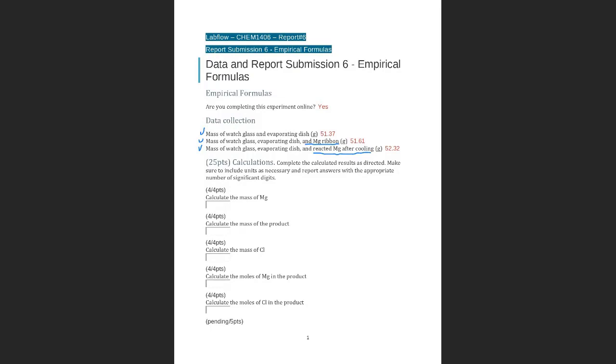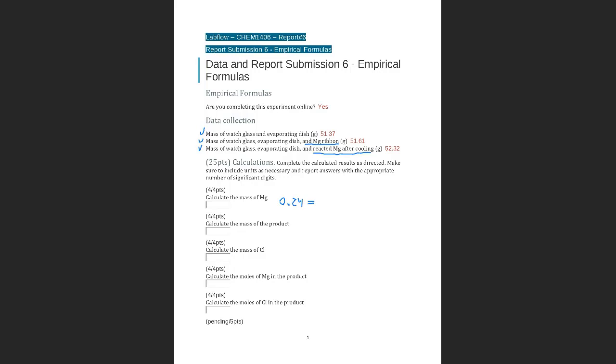Look at my data. It says calculate the mass of magnesium. How are you going to calculate the mass of magnesium in your report? Very good. Excellent, John. Yes, exactly. It's going to be, with my data, 0.24. Because what did John do?